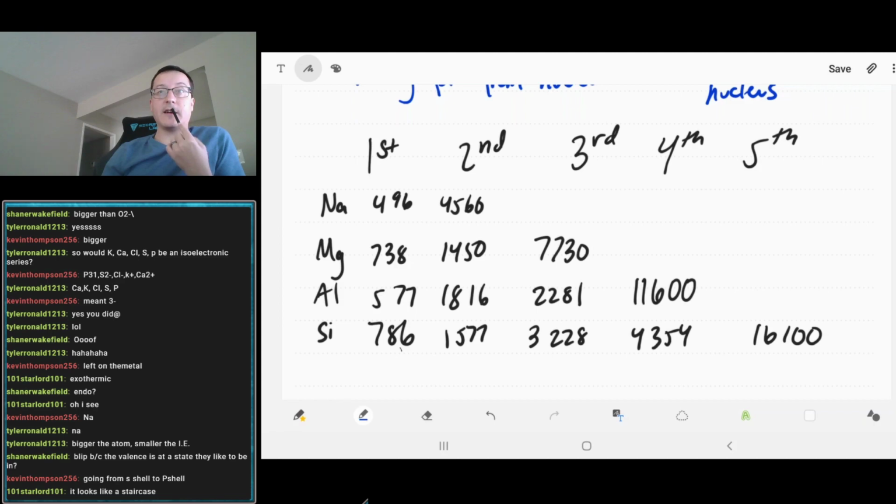It looks like a staircase. Yeah. Well, that's just because sodium would not lose, I mean, it'd be incredibly difficult to get rid of the other one for sodium. But yes, it's that staircase idea. Tell me more about the staircase.